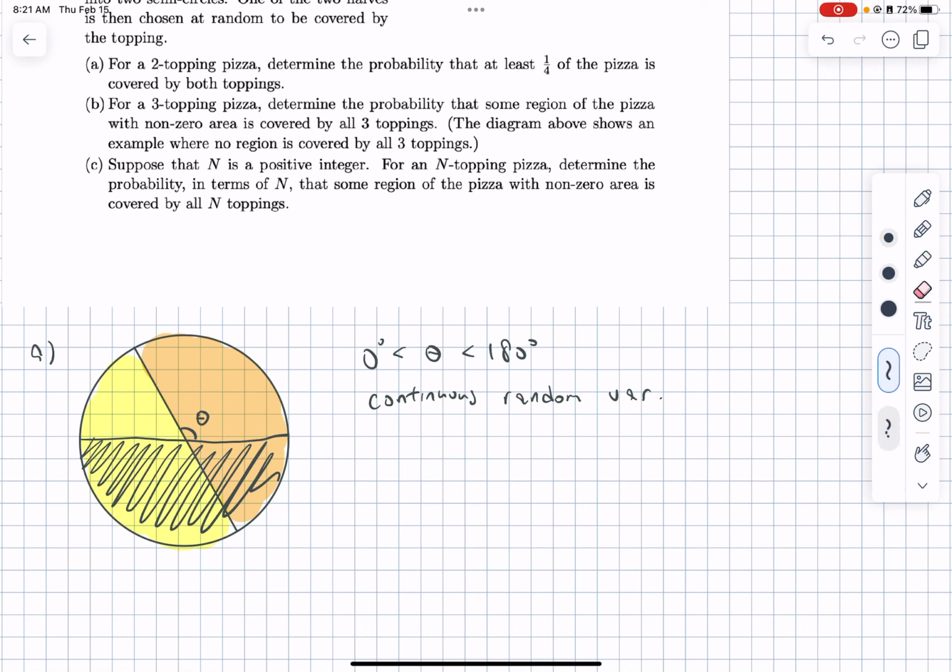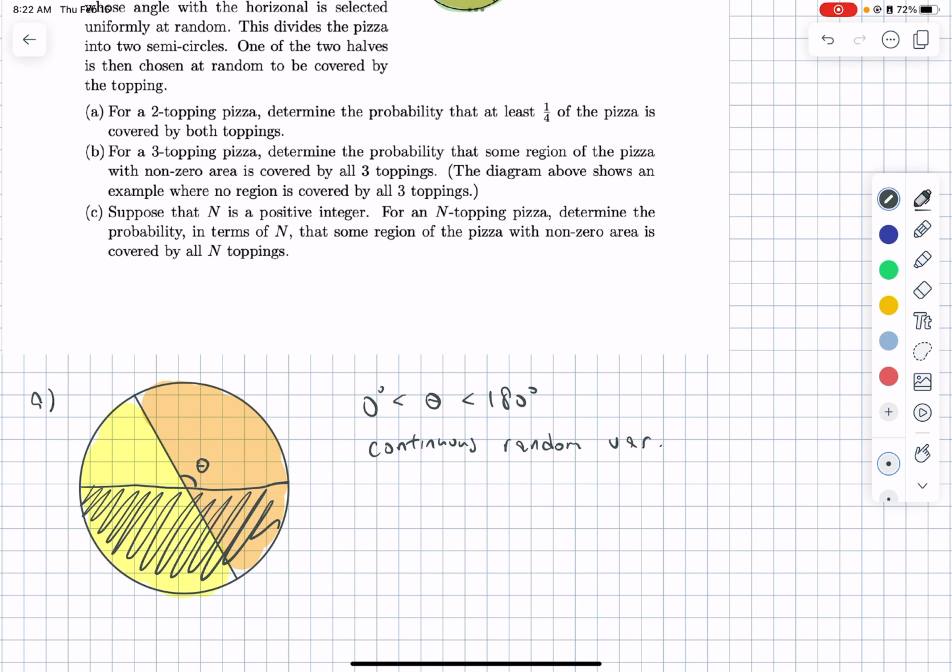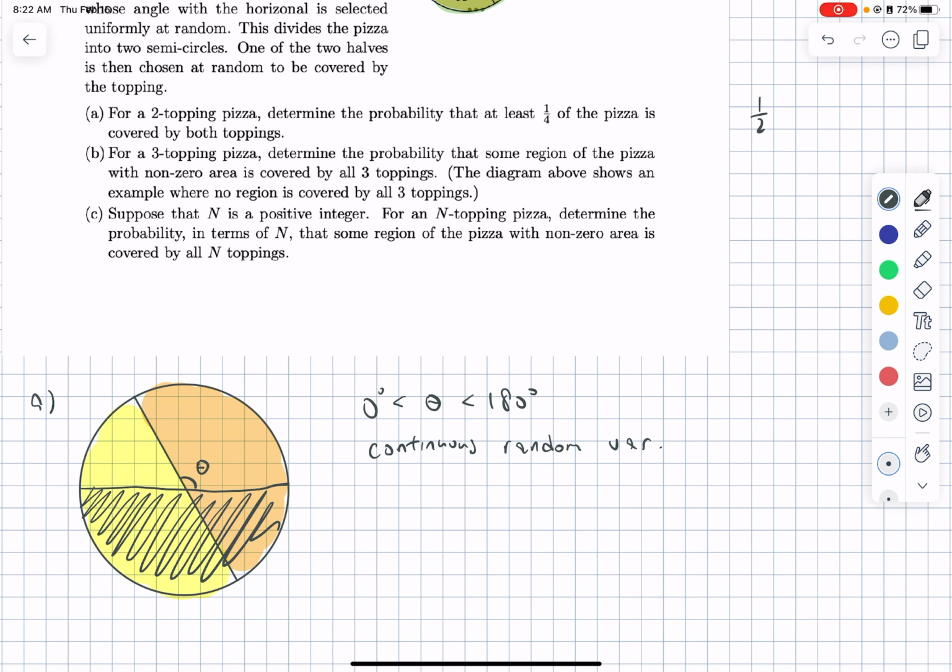So we can see that no matter what theta is, it's a 50-50 whether the side with an obtuse angle or the larger side will be covered by both toppings. So it's a 50-50 whether at least a quarter of the pizza is covered by both toppings. So the answer for question part A is 1/2.